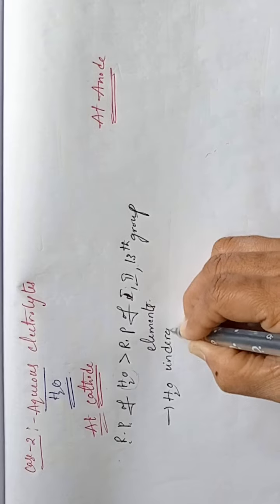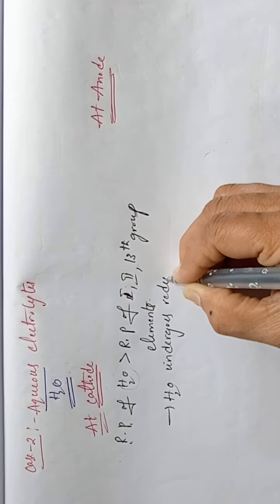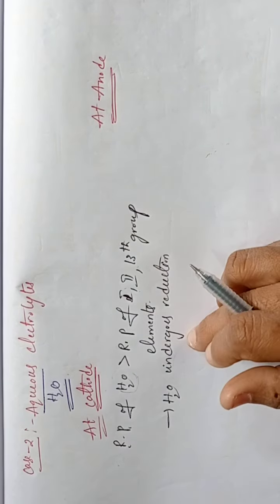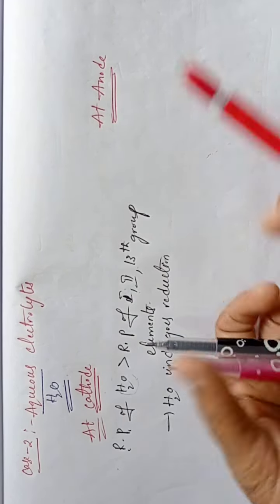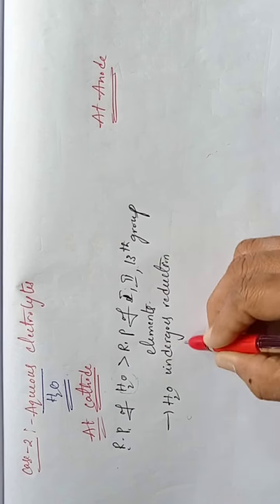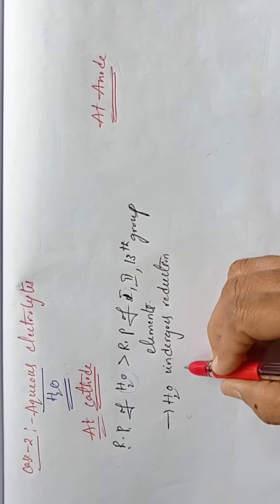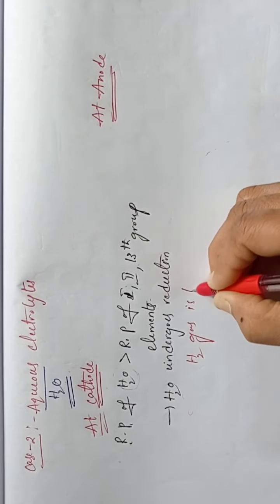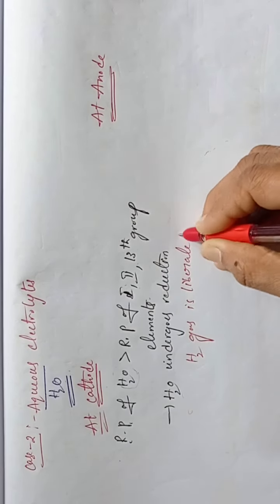When it undergoes reduction, which gas is liberated at the cathode, students? Hydrogen gas, H2, is liberated. Just remember it like this.